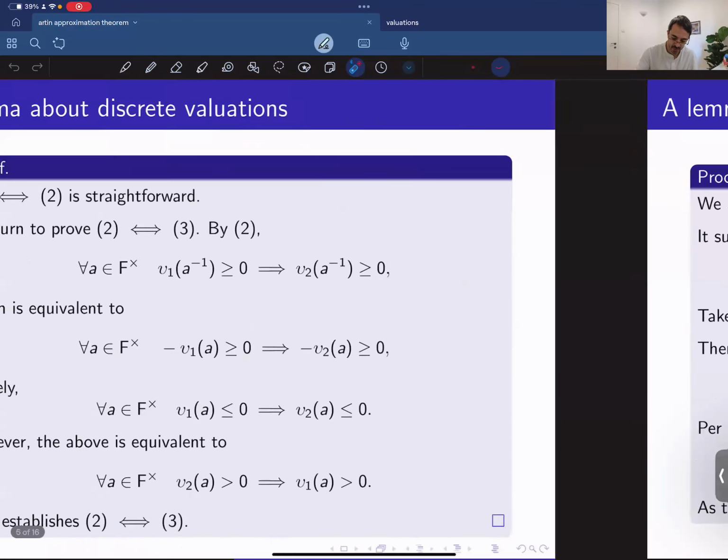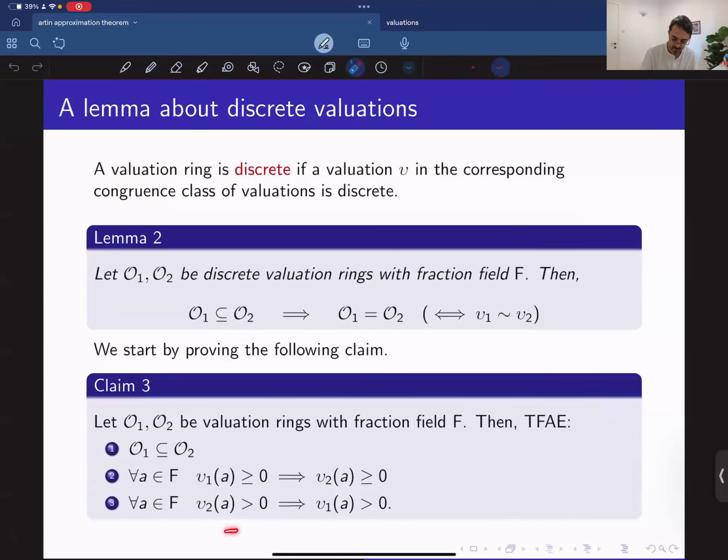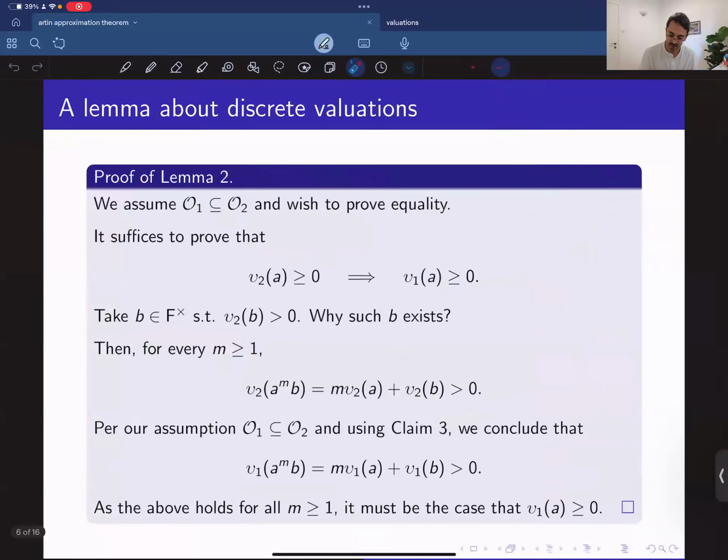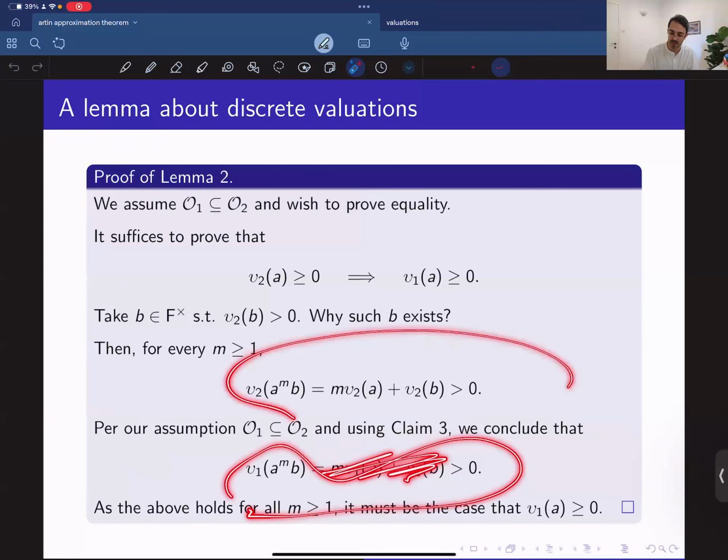Right, that's this thing. So we know that per assumption. We just proved that for that element V2 has a strictly positive valuation, and so according to V1 it has a strictly positive valuation. So that's what's written here. I'm not using that to prove this. I'm just saying that this follows from that and that.